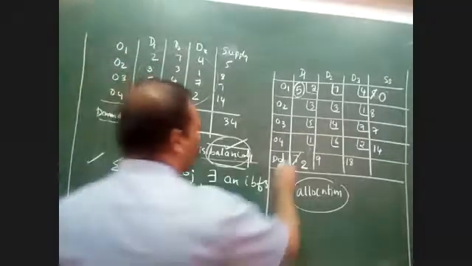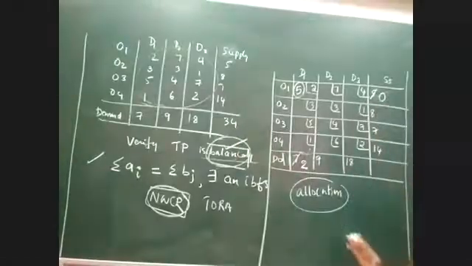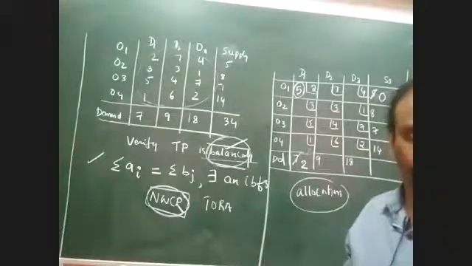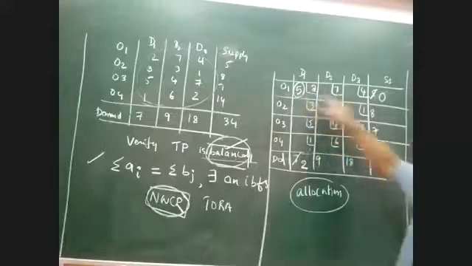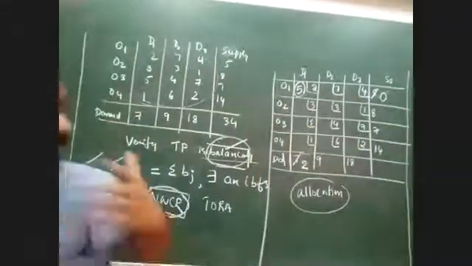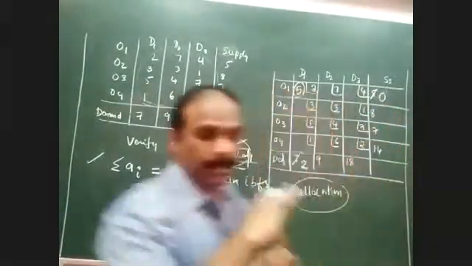Okay. Once this particular value is done, your next rows or columns will become 0. Whichever row or column becomes 0, look here. Now in this entire problem, you can see that the O1 supply becomes 0. It implies that there is nothing more to be done as far as the first row is concerned, because the entire supply is exhausted.